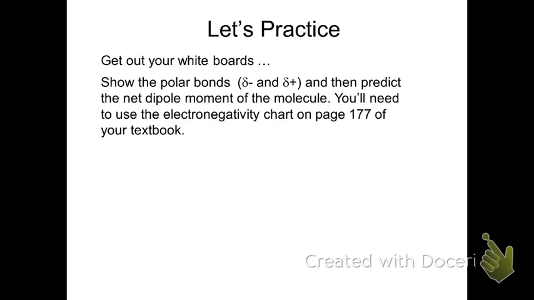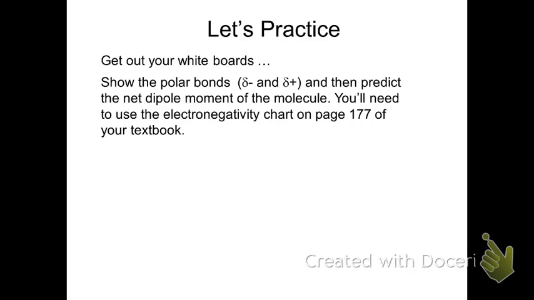So now let's practice. I have a few for you to try. Go ahead and get out your whiteboards. If you're not in room 710, you'll have to do this on a sheet of paper. Make sure at the end of class you put the whiteboards away. What you're going to do is show the polar bonds, delta minus and delta plus, and then predict the net dipole moment of the molecule.